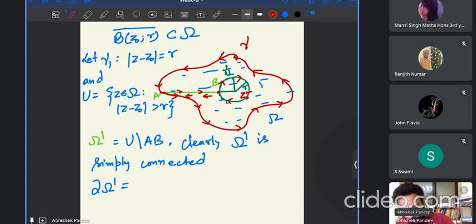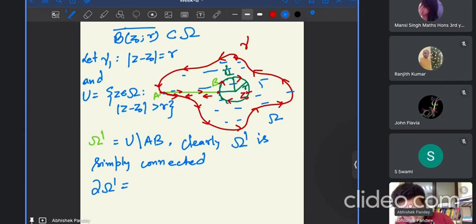So this is nothing but gamma, not the complete gamma. So this boundary, you will start from here, you will go from A to B, then again you will travel around gamma 1, then again you will trace back from B to A, then again you will complete the curve gamma.